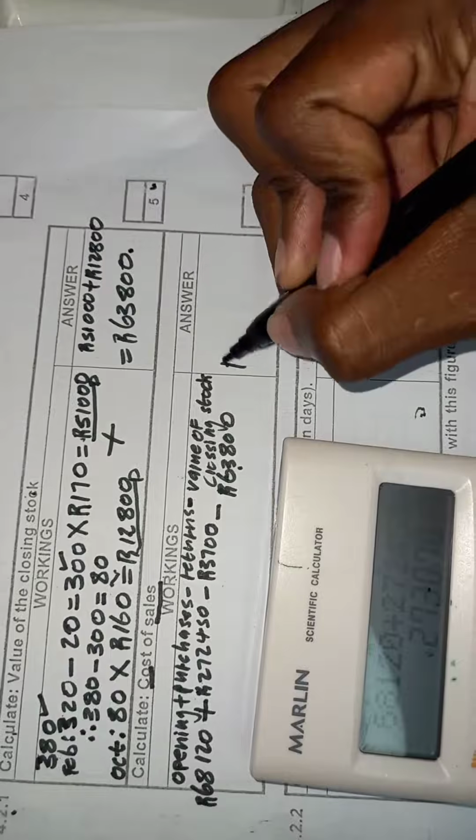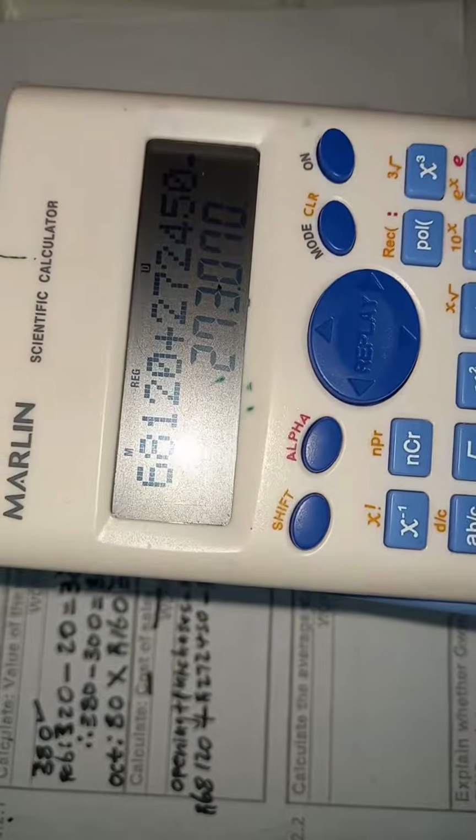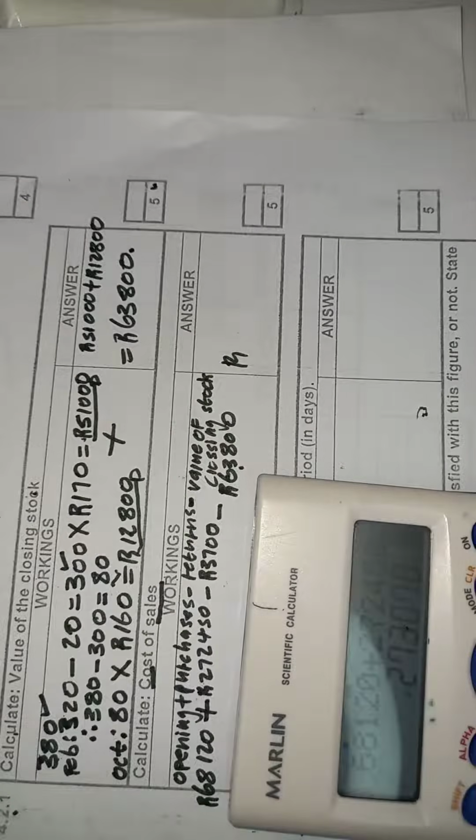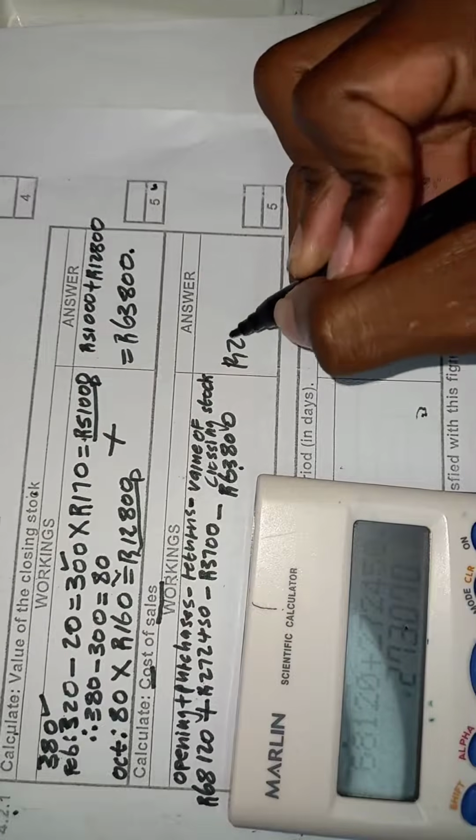We minus returns 3,700, minus value of closing stock 63,800. That's your formula for cost of sales. And your cost of sales, as per our calculator, is equal to 273,070. You are done with your cost of sales.